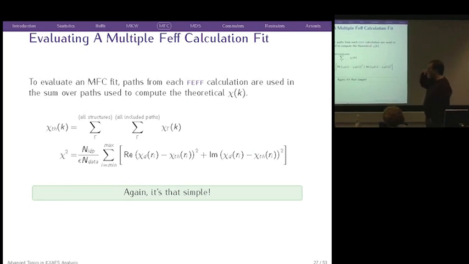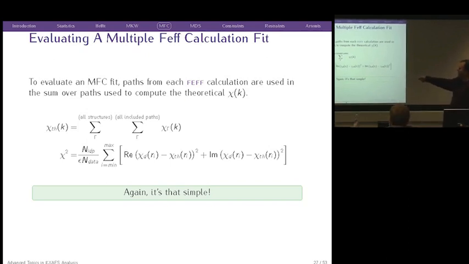So to construct the theory, for every Pfeff calculation that we do, and this is a sum over all of the Pfeff calculations that we use to do the fit, we evaluate chi for every path in each Pfeff calculation and sum them all up.